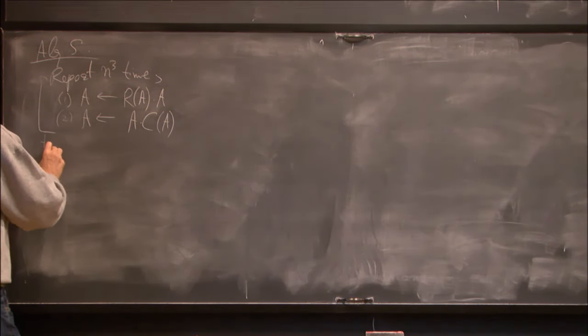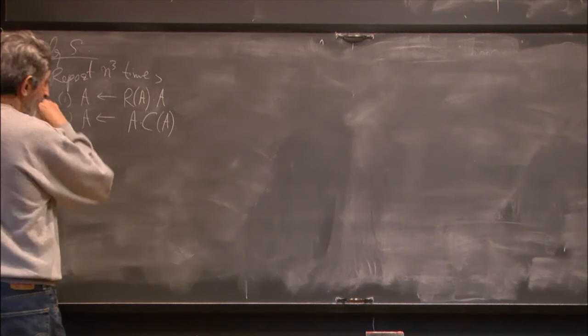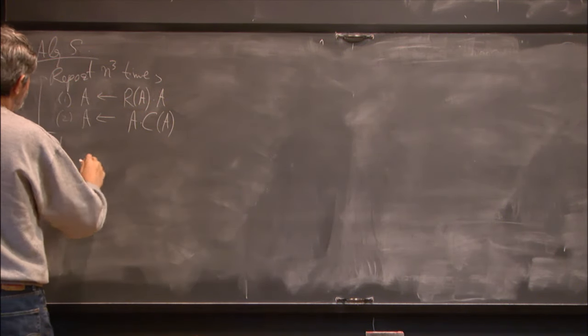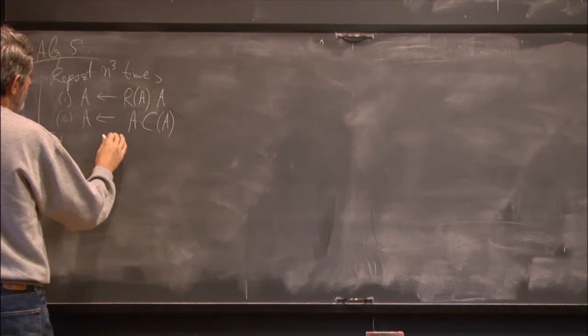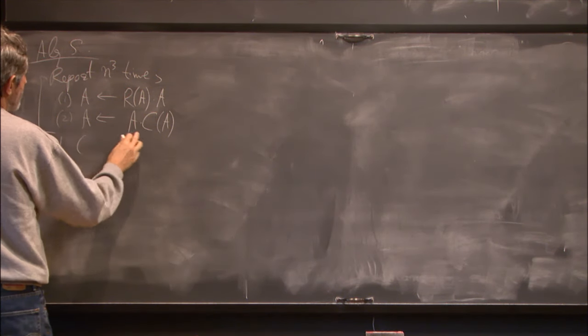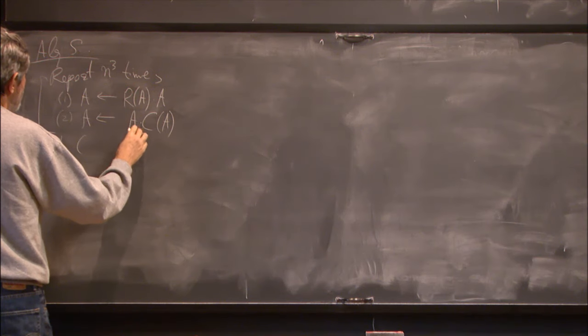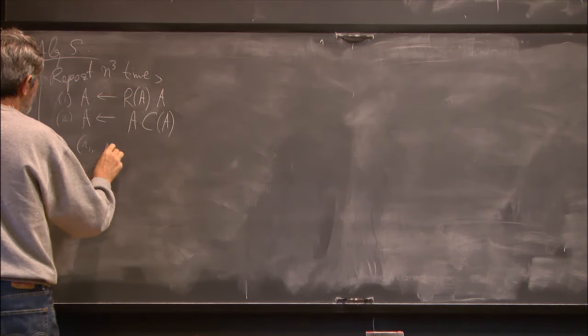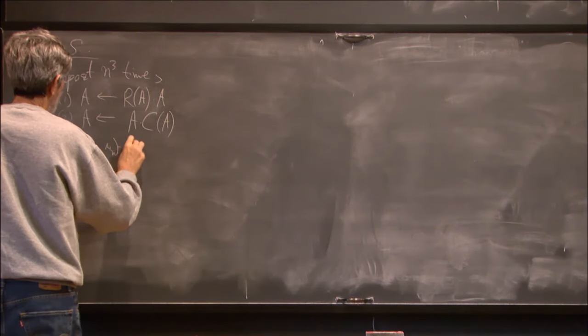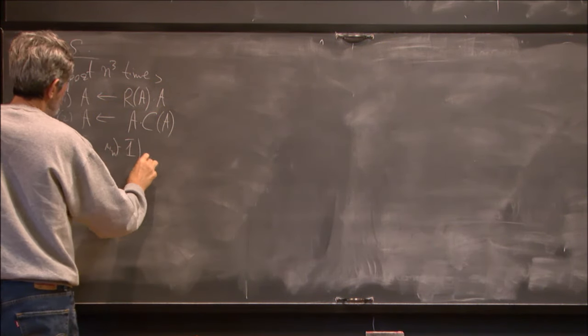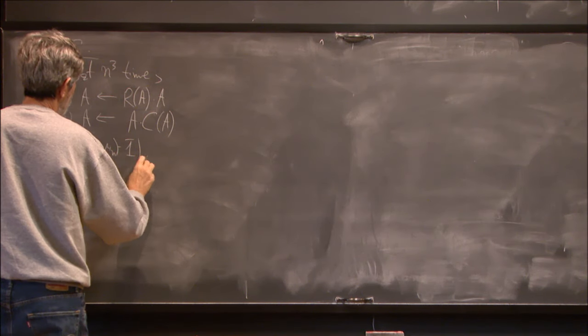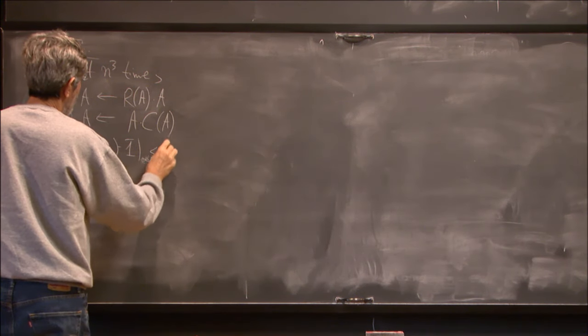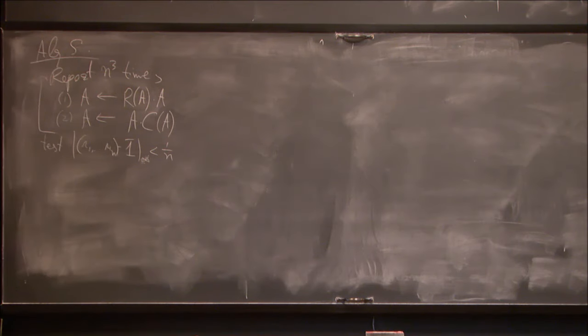So let's say the last thing you did is normalize the rows. You can test the distance of, I don't know, the row sums of the vector. So here the columns are normalized, so the row sums minus the all ones vector, let's say in L infinity, test whether this is at most 1 over n or not.